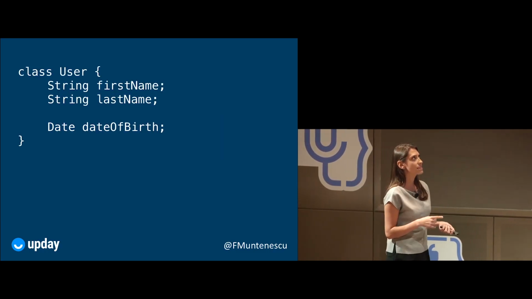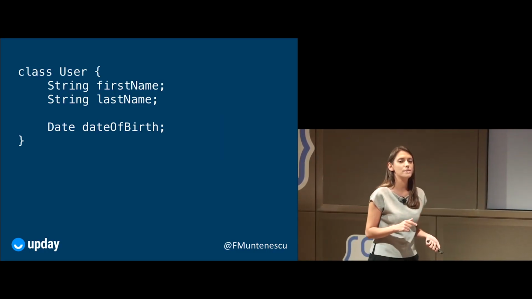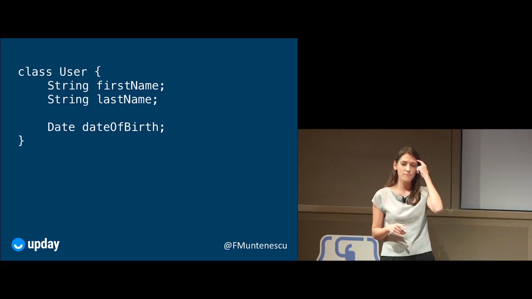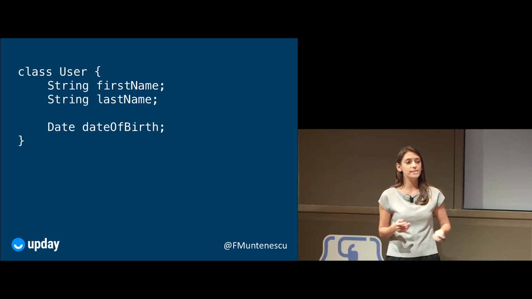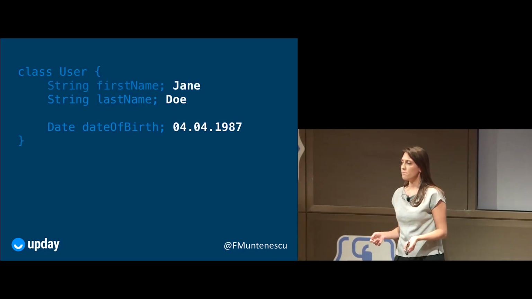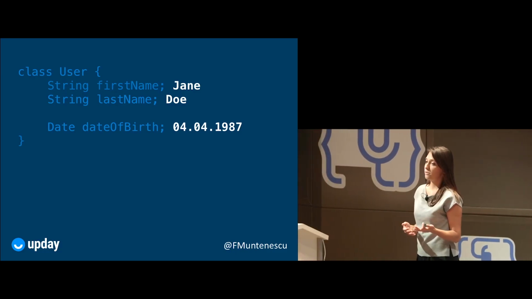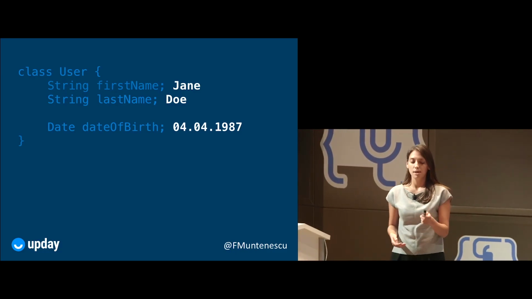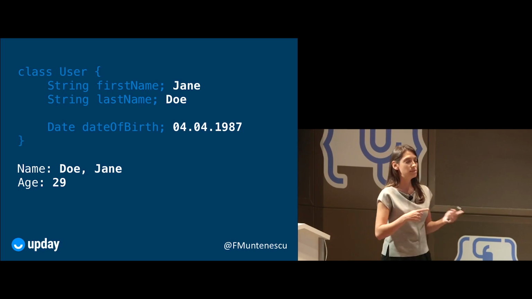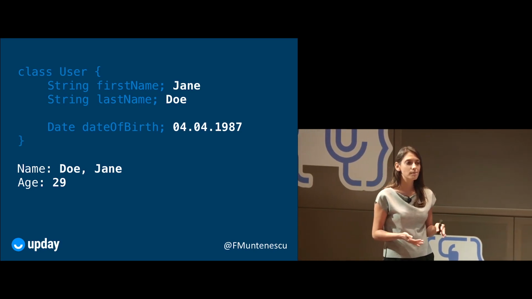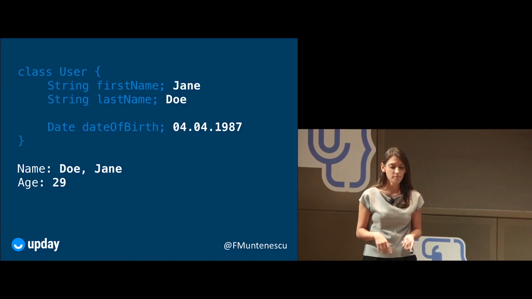Okay, remember our example? Let's complicate it a little bit. Let's say that apart from the first name and the last name, we also have the date of birth. So for example, we would have Jane Doe with the date of birth, 4th of April, 87. But what we need to display is the display name with the same logic and the age.